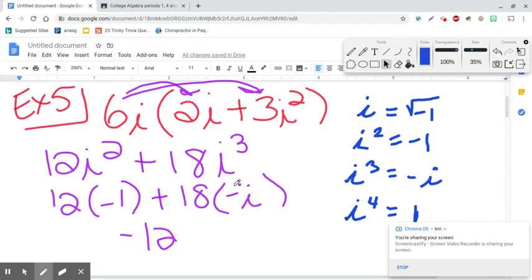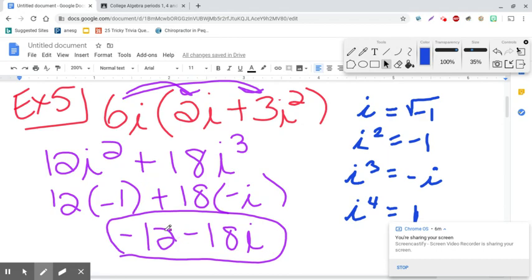Positive 18 times a negative i gives us minus 18i. Now, we cannot simplify this because this is not a negative 12i. We cannot combine a negative 12 and a negative 18i. So this is our simplified answer. We are done.